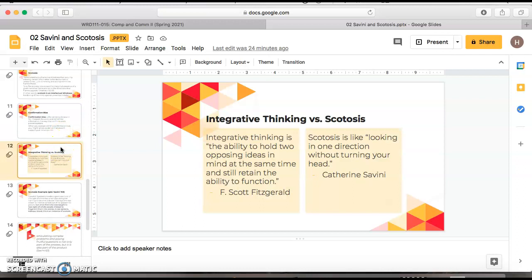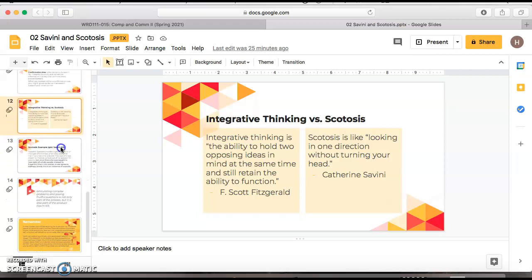As F. Scott Fitzgerald says, you should cultivate this ability to hold two opposing ideas in your mind at the same time and still be able to function. You want to make sure that you're looking at the whole picture, that you're embracing all of the possible solutions, all the possible ideas about whatever issue you decide to write about for this semester.